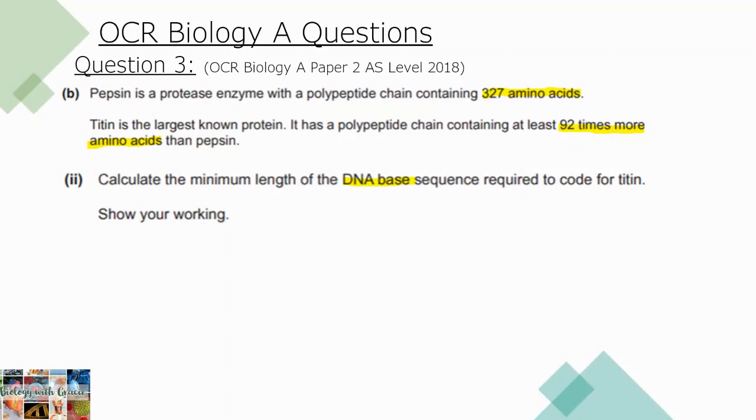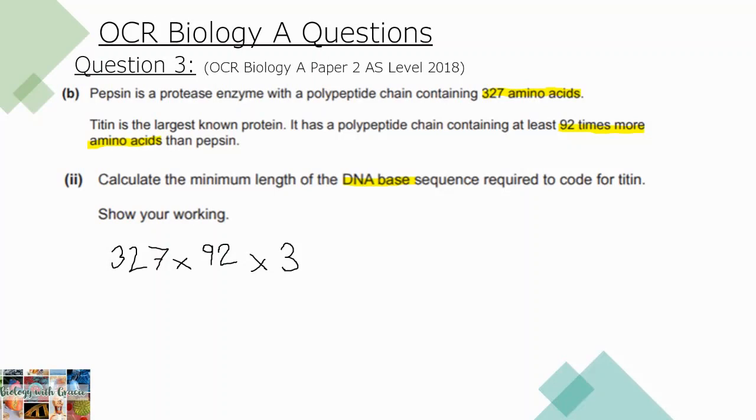So therefore our equation is going to be 327, because that's the amount of amino acids pepsin has, and then this is going to be times by 92, because titin has 92 times the amount of amino acids. So we've got our amount of amino acids, so now we need to times that number by 3 in order to work out the number of bases within that amino acid sequence.